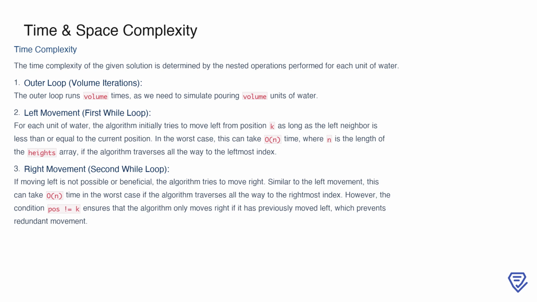Next, we have the rightward movement, which occurs if moving left is not beneficial or possible. Similar to the left movement, this can take O(n) time in the worst case if the algorithm traverses all the way to the rightmost index. However, the condition POS equals K ensures that this rightward movement only happens if the algorithm has not already moved left, avoiding unnecessary redundancy.